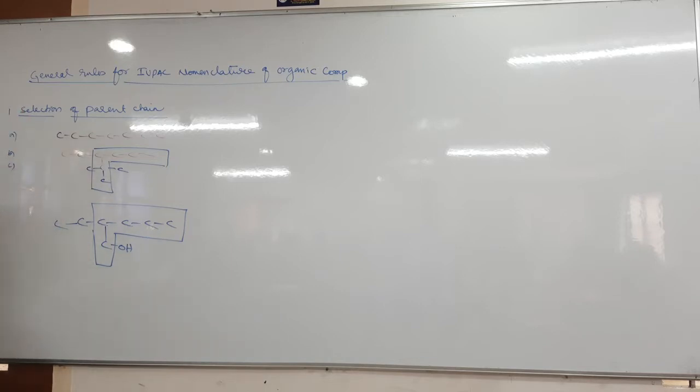Okay, write down. Selection of parent chain. 1, select the parent chain having maximum number of carbon atoms.